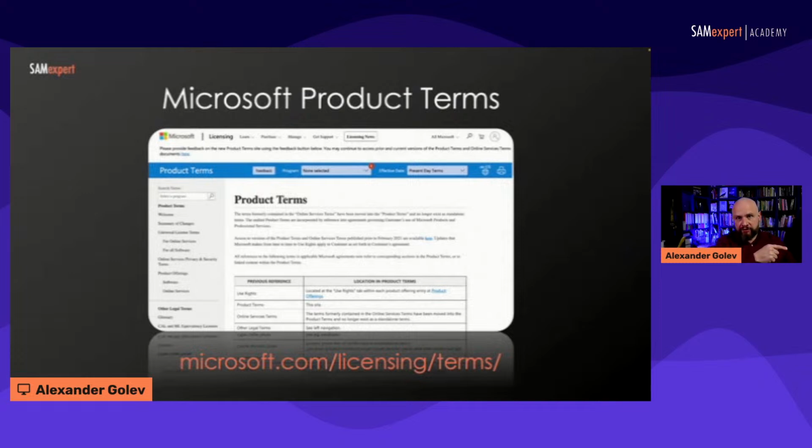If you watch that previous video, I still mention it as a difference. But if you go to the product terms website, it's not there anymore since October 2022. Obviously, today it's an updated training compared to what we did in 2021. So I'll mention it. But then again, I encourage you, always go to the Microsoft Product Terms website.